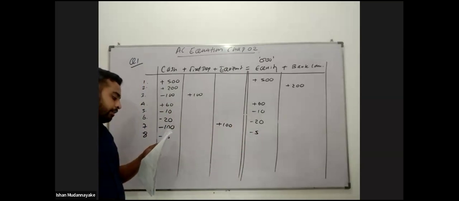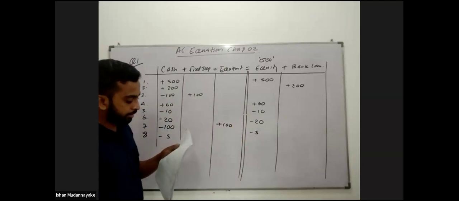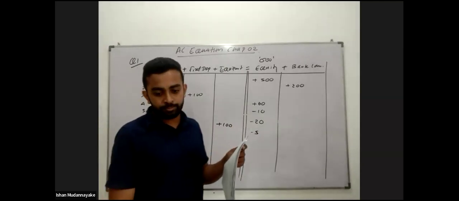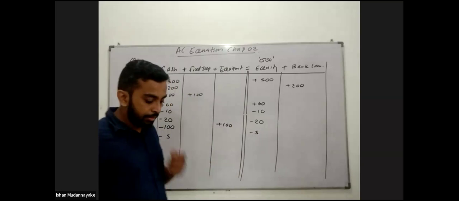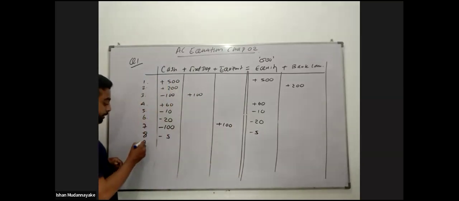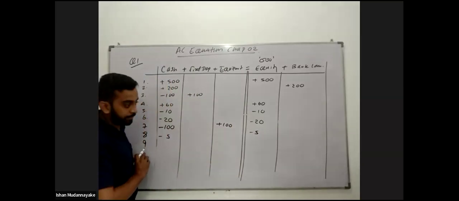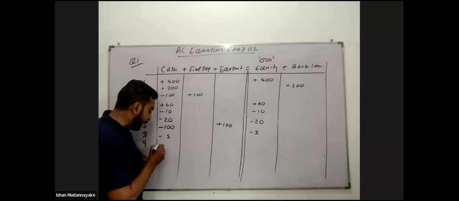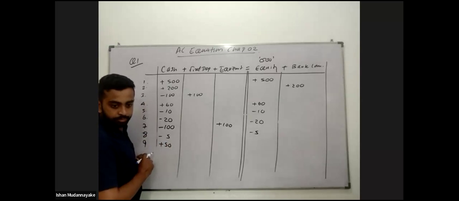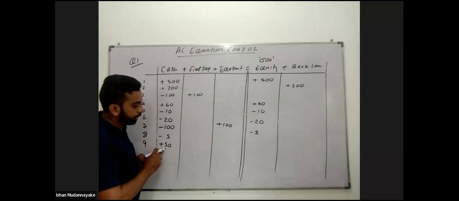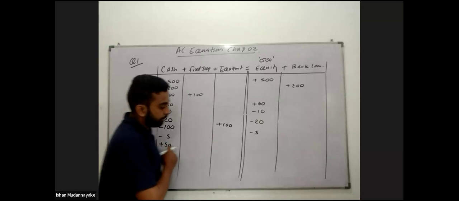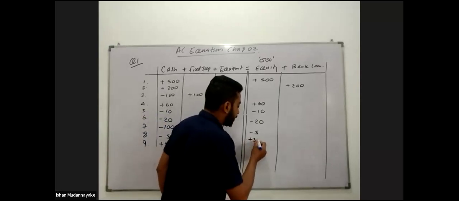Transaction number 9. Nehara invested an additional capital of 50,000 to the business. Then how does that go? Cash of the business increased by 50,000, and then capital of the business increased by 50,000.